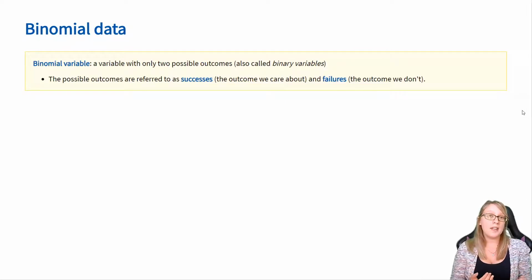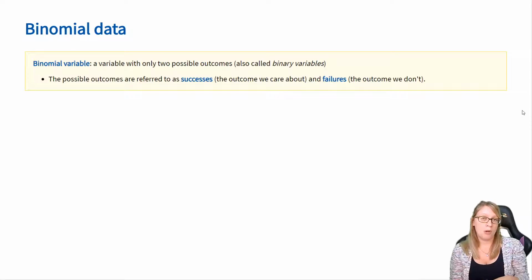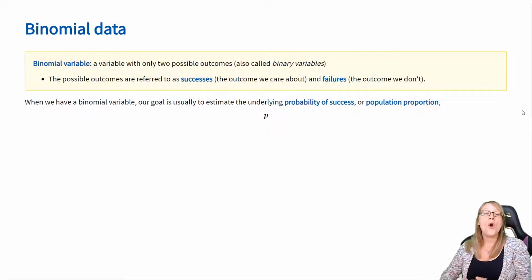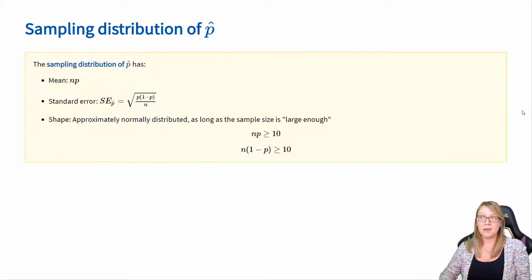Now, success doesn't have to be a bad or a good thing. Failure doesn't have to be a bad thing. It's simply, are these in the category that we care about? Yes or no? Now, when we have a variable like this, or a binomial variable, our goal is usually to estimate the underlying probability of success or the population proportion, which we will refer to as p.